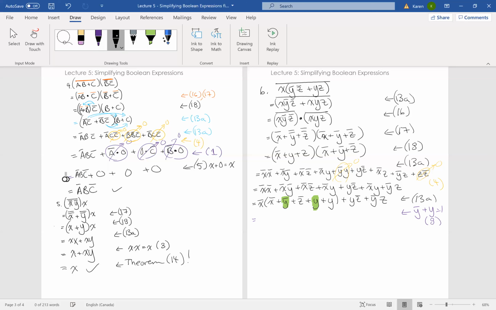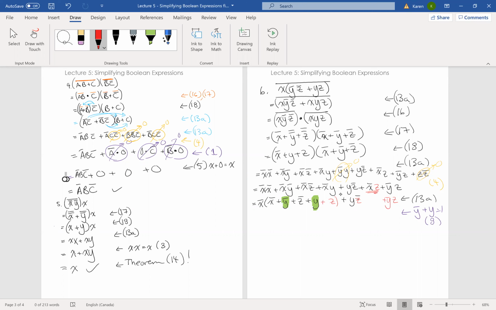So then let's rewrite that with the plus 1 instead of y bar plus y. So then I'm just left with one y in there. I paused the video there for a minute to correct a little bit of a typo that I made.